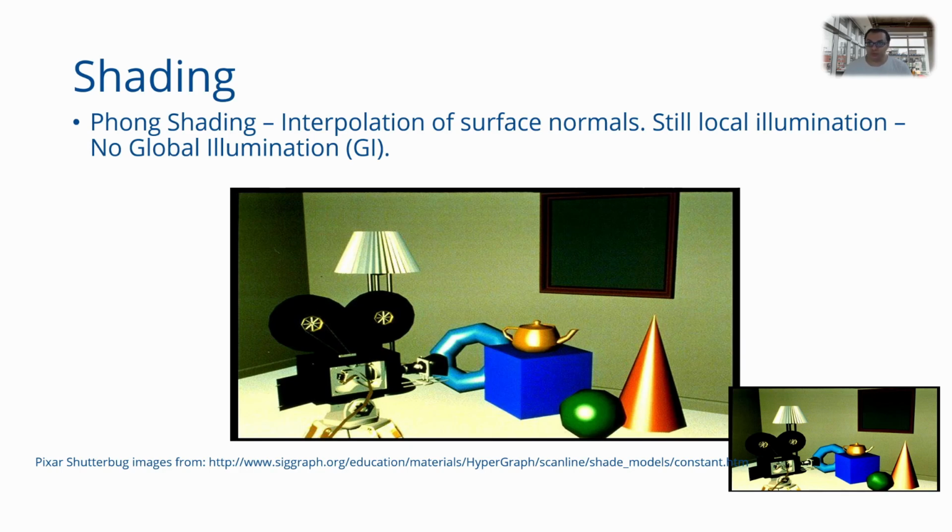This gives you even smoother shading than Gouraud shading, but it is still only local illumination and it is not global illumination. So no matter which one of these shadings you pick, whether you are doing constant, faceted, Gouraud or per pixel, you are still getting only local illumination. There is no global illumination yet.